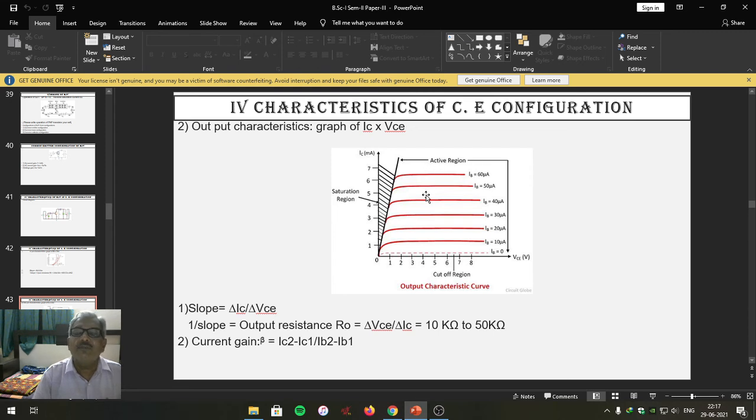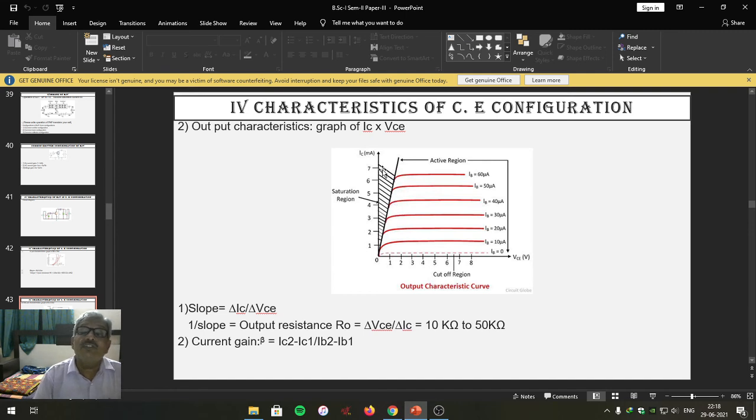This is the region in which the input junction is forward biased and the output junction is reverse biased. This region is called the active region. The region very close to the IC axis, to the right side, is called the saturation region.